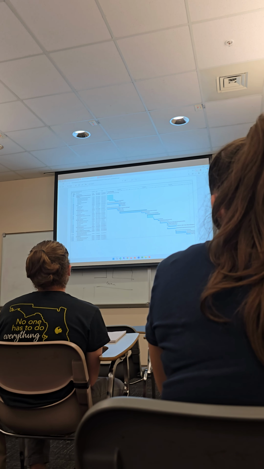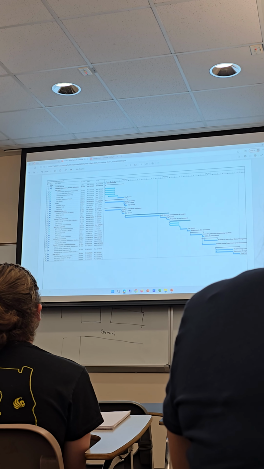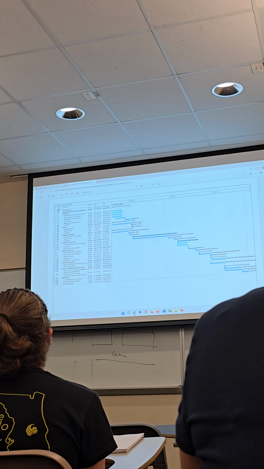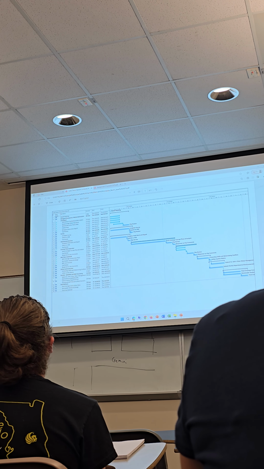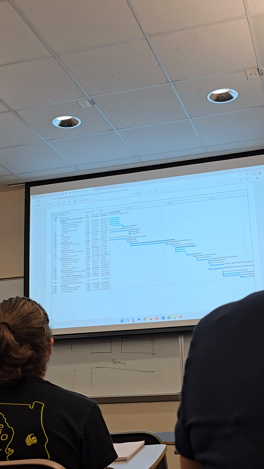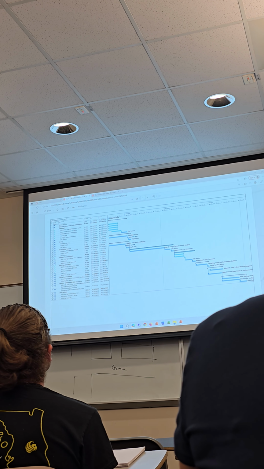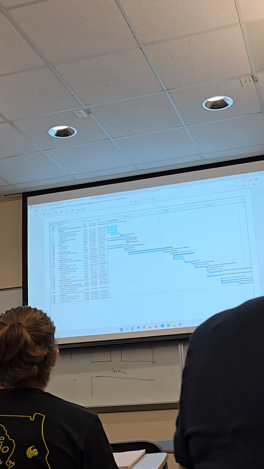But this schedule in particular has a kickoff meeting. And then there's a series of data collection here. There's a biological assessment, there's a survey, and then there's geotechnical data. So all of that is listed, and then there's a duration associated with that.